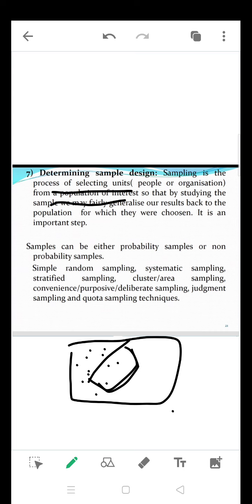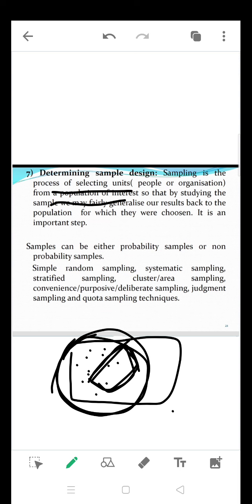Only this is called a sample, and overall this is called the population. We cannot do a survey of the whole population and cannot collect all the data. So we select only a few units among the total population. These small units are called the sample size. So this sample should have some interest and some relationship with the selected research problem or the selected research topic.